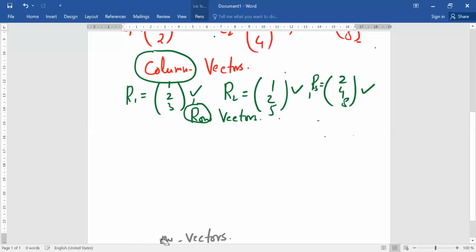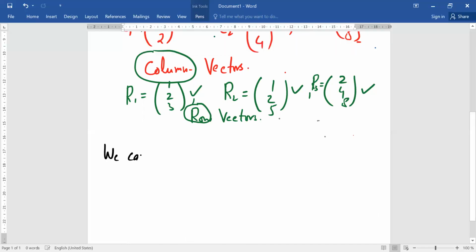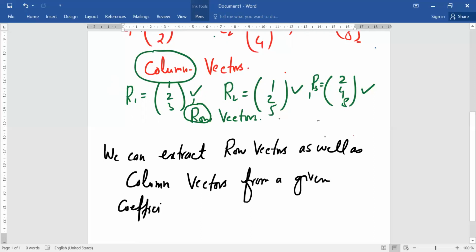So we can extract row vectors as well as column vectors from a given coefficient matrix A. So from matrix A, I can make row vectors, I can make column vectors out of it.